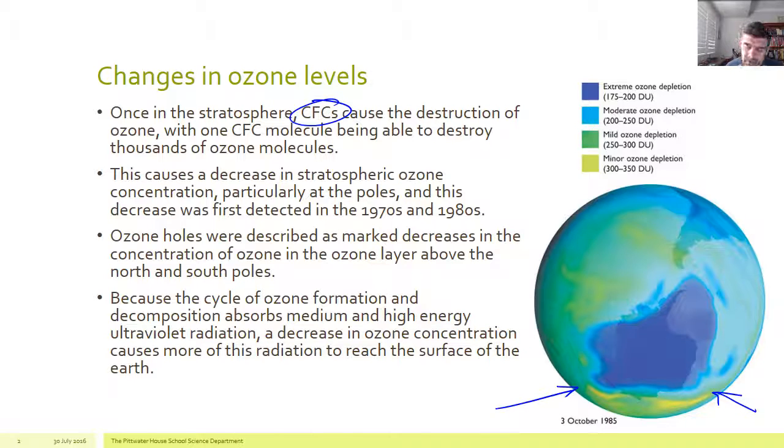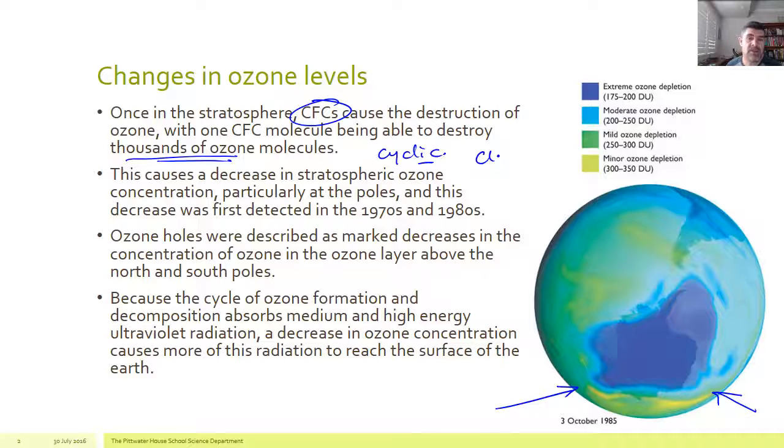And the problem was the cyclic nature of the chlorine free radical, because it was able to destroy thousands of ozone molecules just by binding, taking away the oxygen from the ozone molecules and then re-releasing it, and then being available to do that again. So it's effectively acting as a catalyst, facilitating a reaction, a breakdown, and then remaining afterwards to go and do the same thing again.